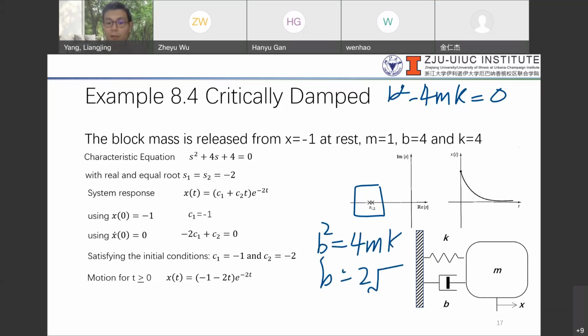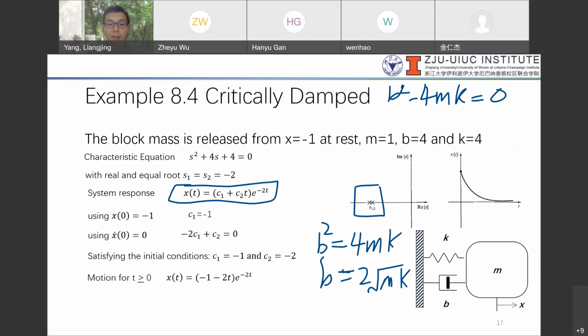So this is a situation where you have your critically damped response, where the system is critically damped. The same thing, just changing the form of your solution.